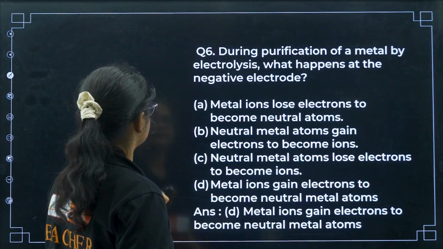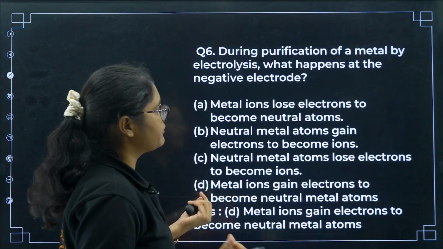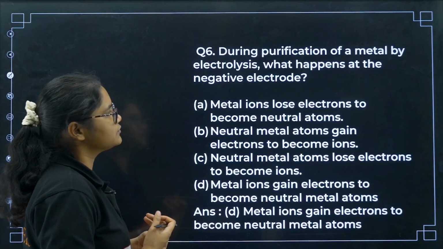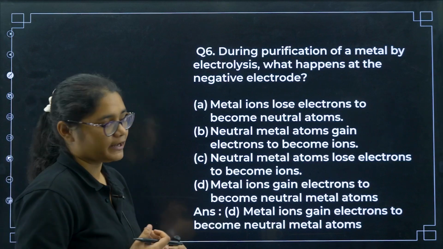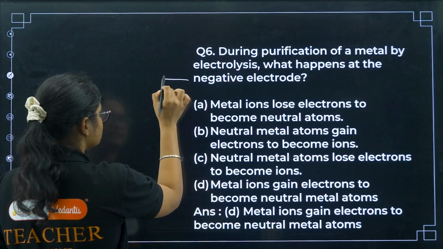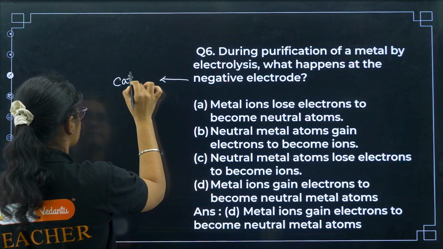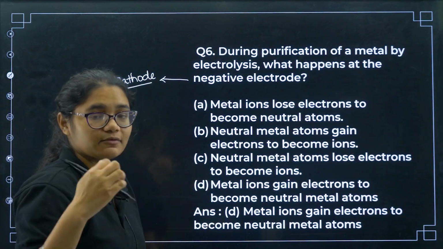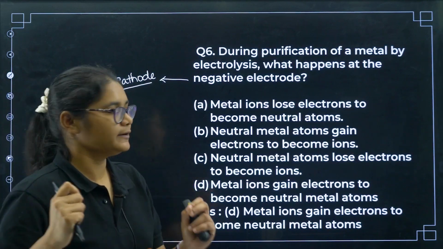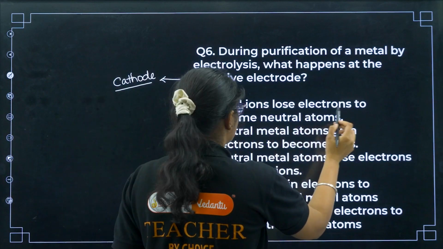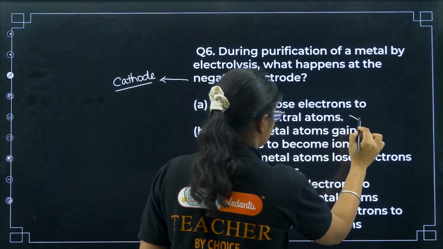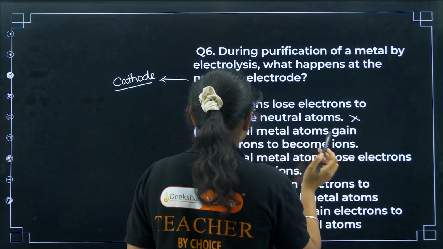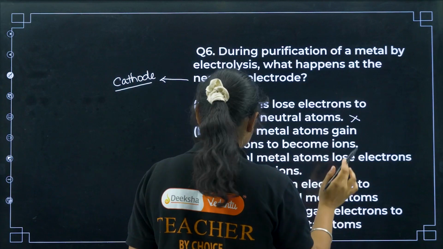Question number 6 next. During purification of a metal by electrolysis, what happens at the negative electrode? So negative electrode means cathode. Okay. So cathode is something where the metals are deposited. So metal ions lose electrons to become neutral atoms? No. Neutral metal atoms gain electrons to become ions?